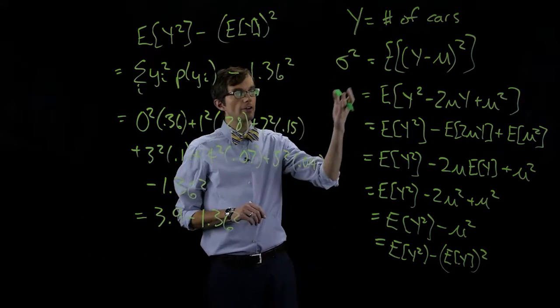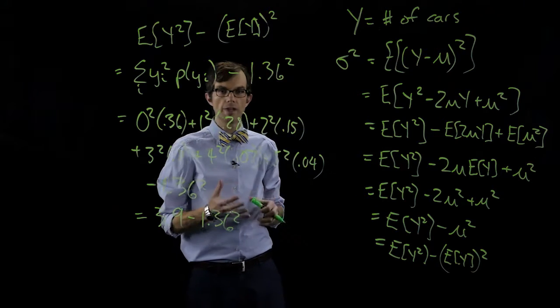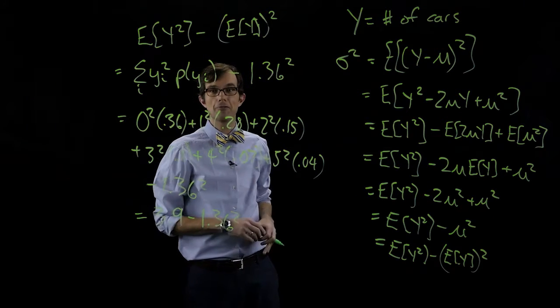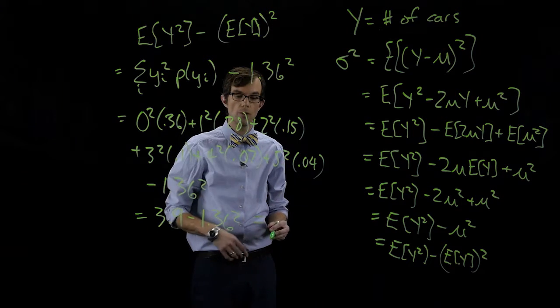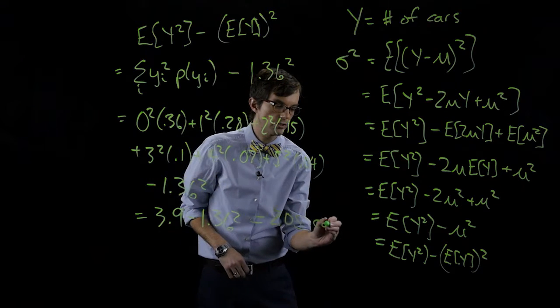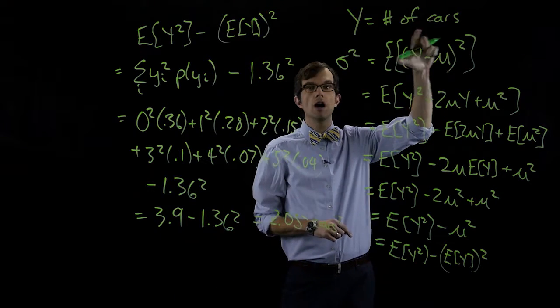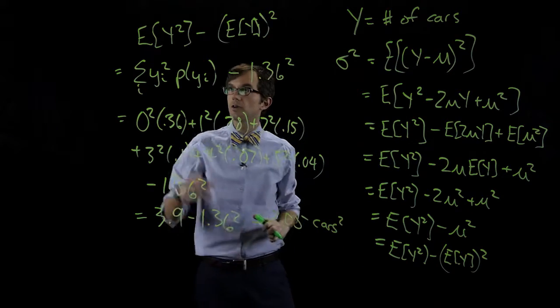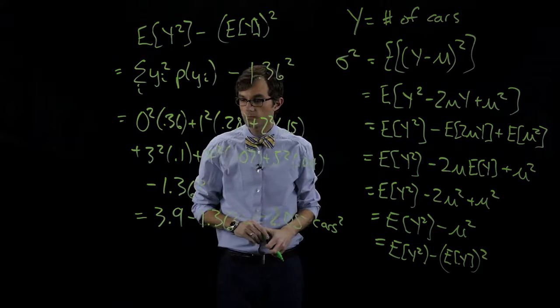So for these cars that are at the intersection of Kahika and 9th Street, between 7 o'clock and 7:05 p.m., we've got a variance that would be the difference between these two numbers, which is 2.05, and that's in cars squared, okay? That's the number of units of our random variable squared, because we're in squared units here with a variance, okay?